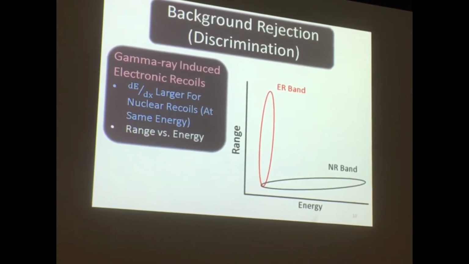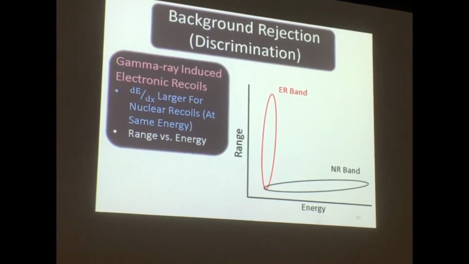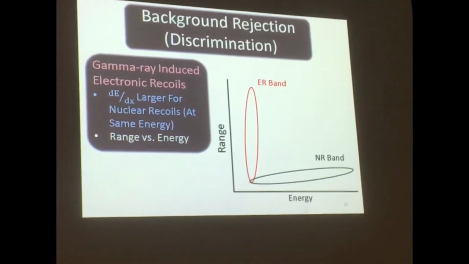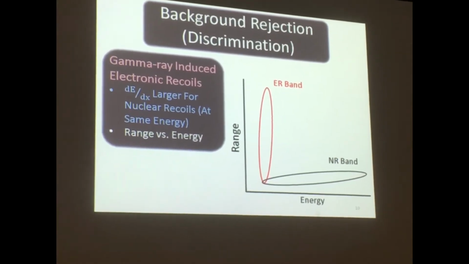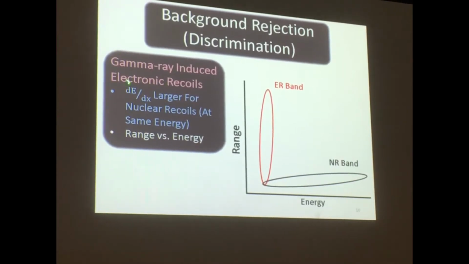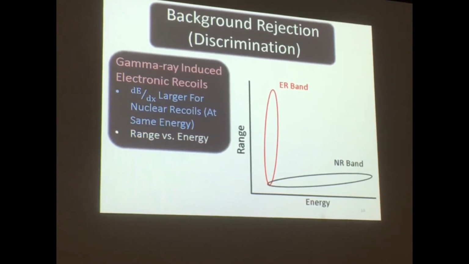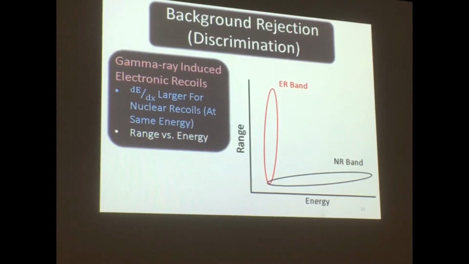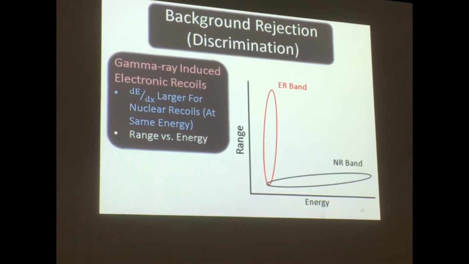The most prevalent background is these gamma ray induced electronic recoils. The way you do the discrimination for them is that nuclear recoils have the property that they lose more dE/dx, the energy loss along the track, and nuclear recoils lose more energy per unit length than electronic recoils at the same energy.